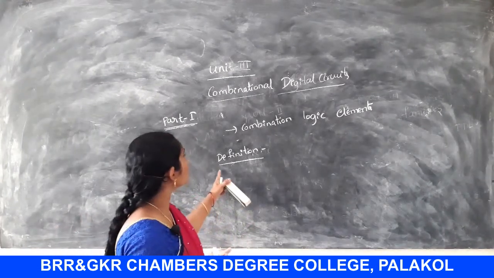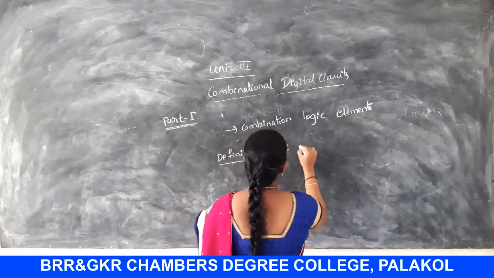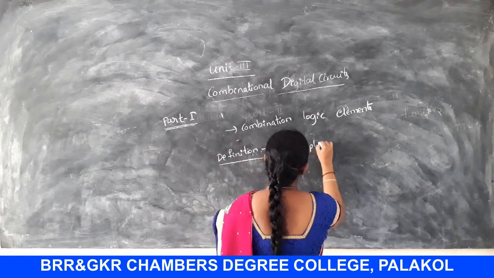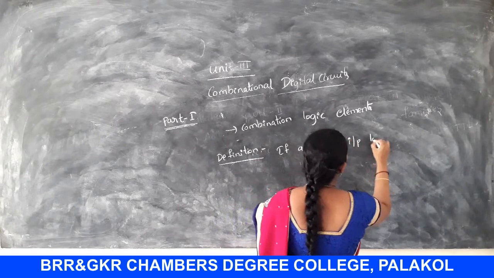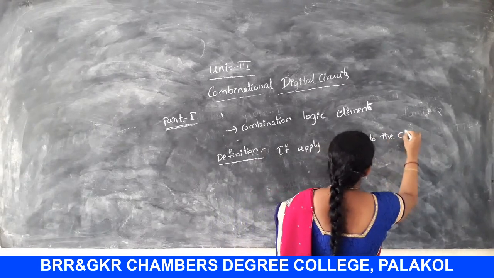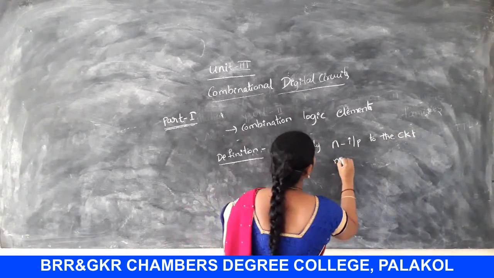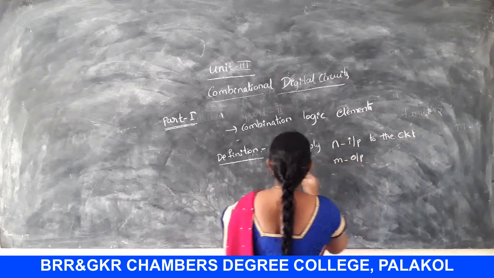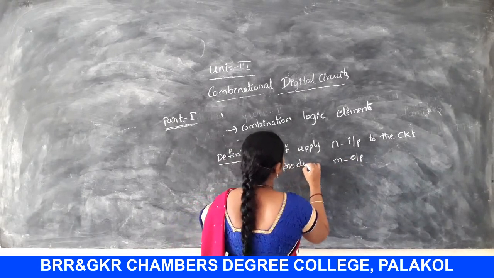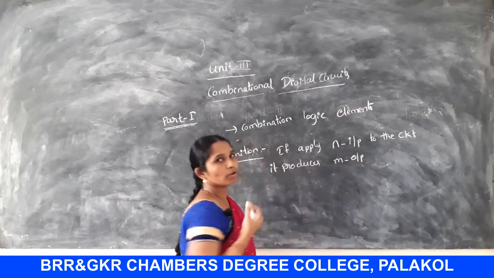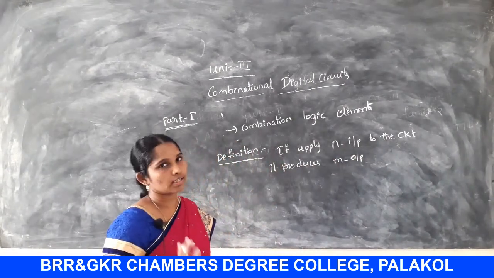That is called a combinational circuit. If we apply n number of inputs to the circuit, it produces m number of outputs. That is called a combinational circuit.